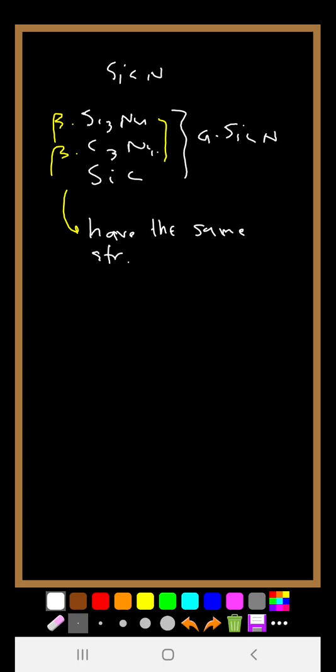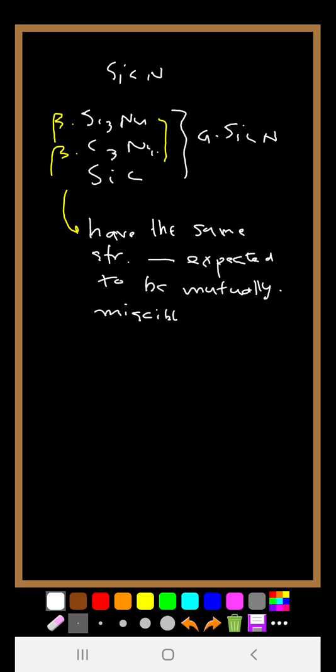They might be expected to be mutually miscible, giving rise to silicon carbide, which has a potential industrial application. So this mutual miscibility leads to formation of silicon carbide, which has industrial applications.